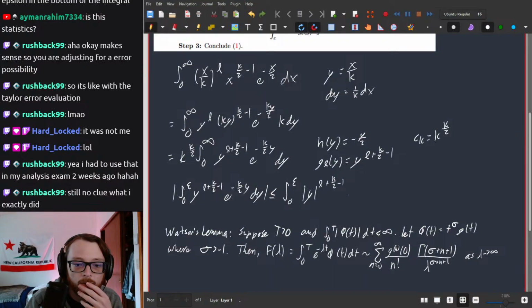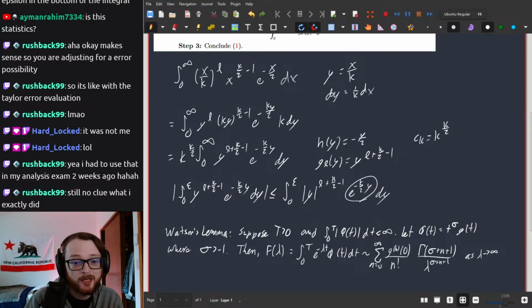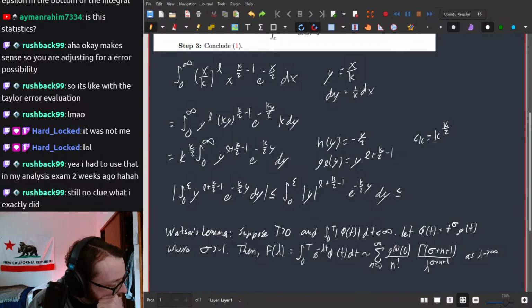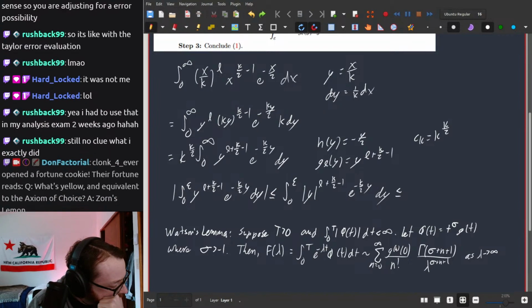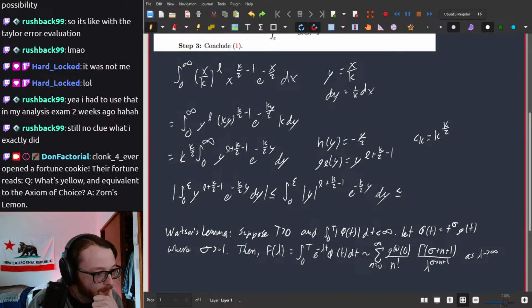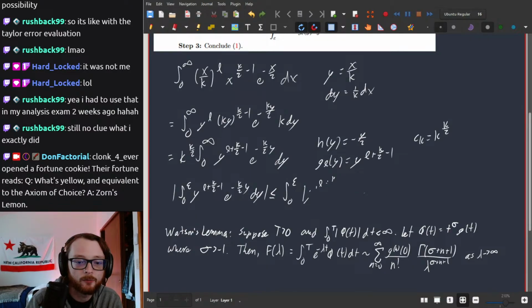K over 2 minus 1, e to the minus K over 2y dy. So the exponential function takes on its maximum value at y equals 0. Well, yeah. No, I don't think that's what we want, though. I don't know. I don't think this is right.